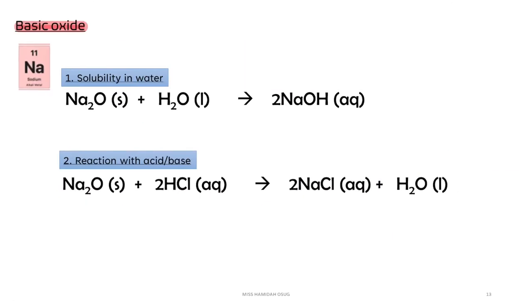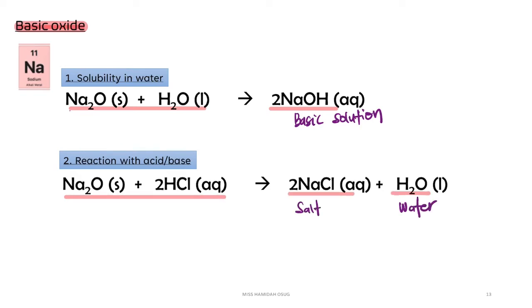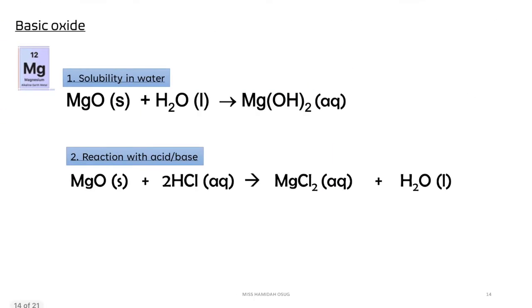For sodium oxide, it is soluble in water and will form basic solution. And when sodium oxide reacts with hydrochloric acid, it also will form salt and water. Next, for magnesium oxide, when dissolved in water, it is completely soluble and will form basic solution. And when the oxide of magnesium reacts with hydrochloric acid, it also will form salt and water.